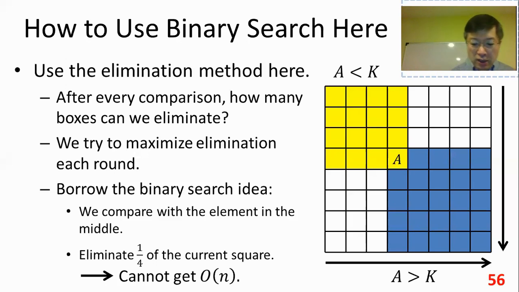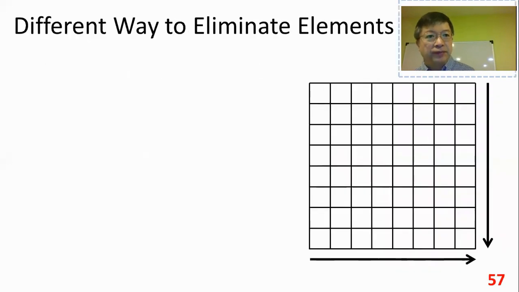So that means we should change to a different method. We need to find a different way to eliminate elements, such that the overall elimination is the best, not just the first few steps. The previous method has very good performance only for the first few steps.